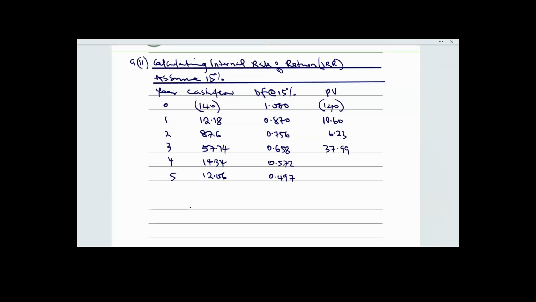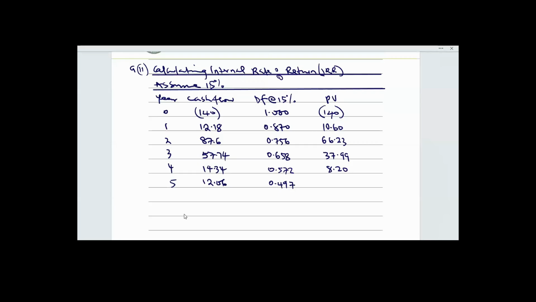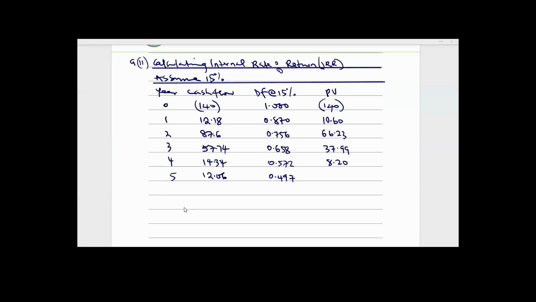Then year 4, 14.34 multiplied by 0.572 equal 8.20. Finally, year 5, 12.06 multiplied by 0.497 equal 5.99.